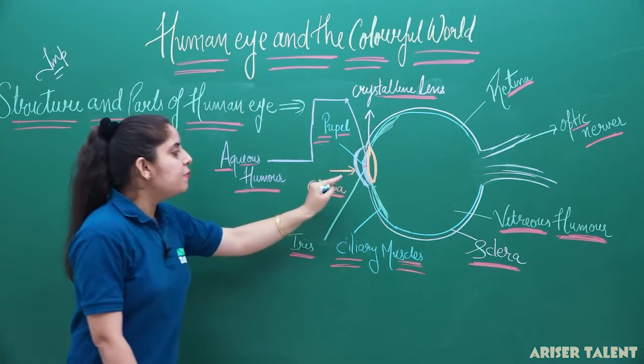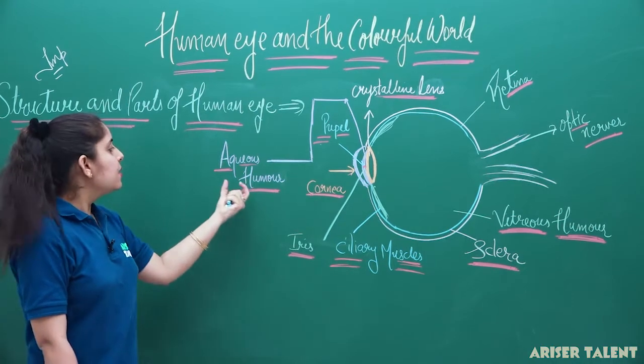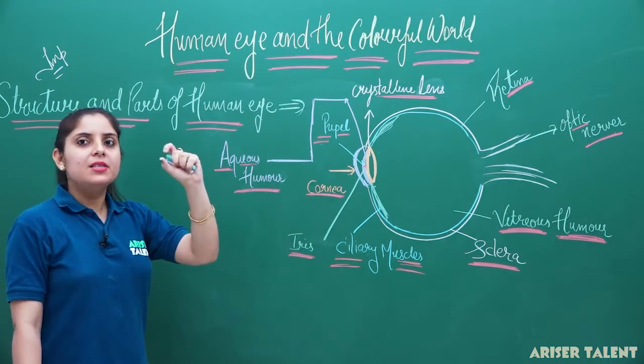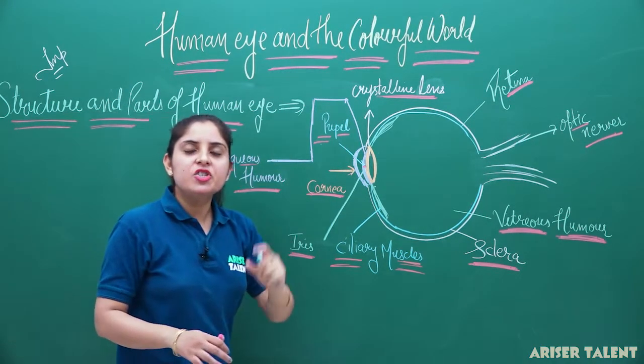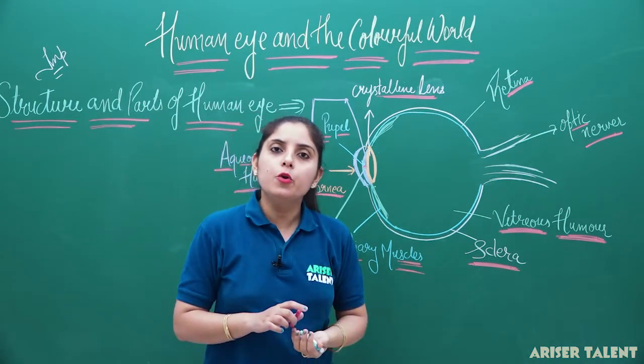You have seen that the first thing we have taken is the cornea. So firstly, the human eye is spherical in shape, having a diameter of around 2.3 centimeters.